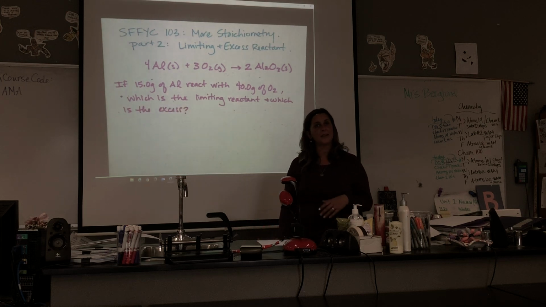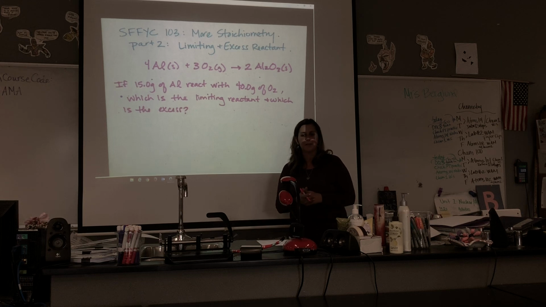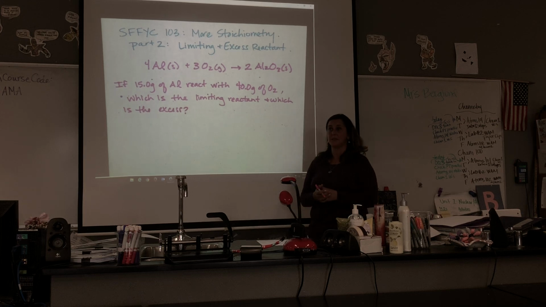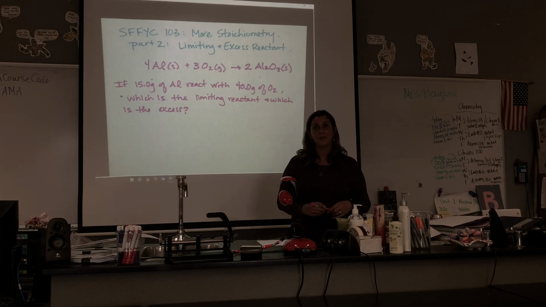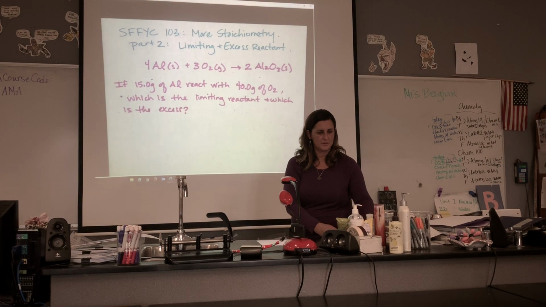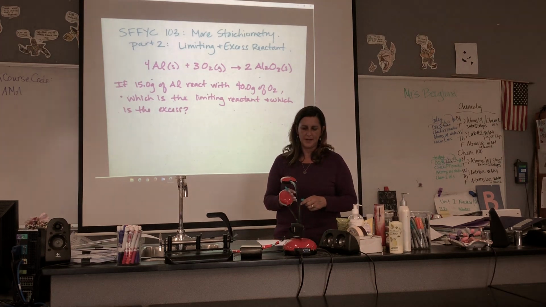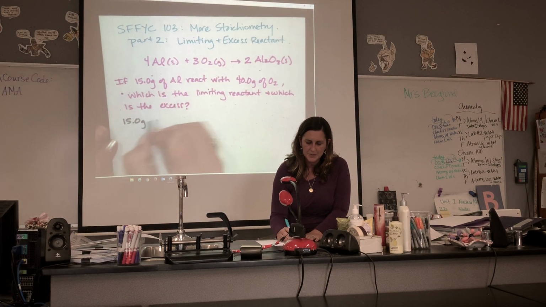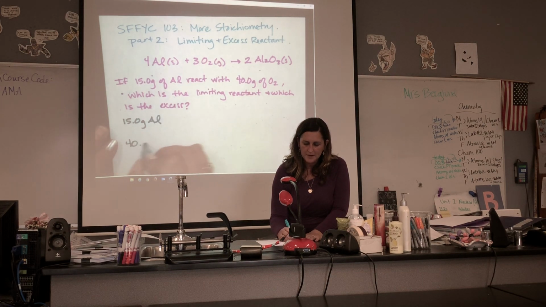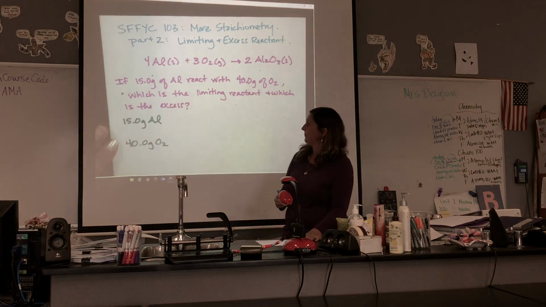So the limiting reactant is the one that runs out first, and it's called the limiting reactant because it limits the amount of product that's made. What we're going to do is first analyze how many moles we have of each of our reactants. So we're going to start with our 15 grams of aluminum and our 40 grams of oxygen.